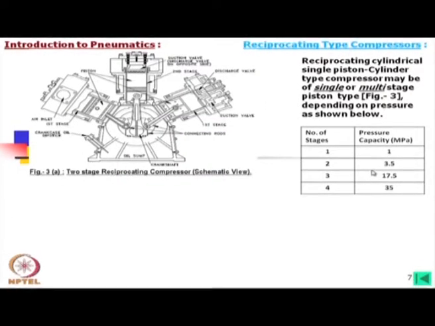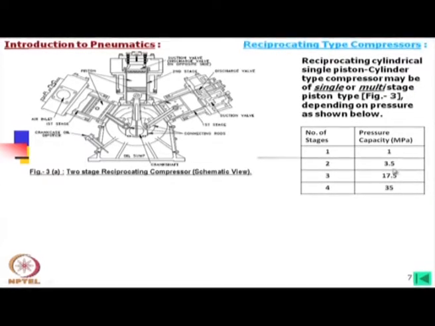Now, if I look into these figures, on the left hand side, figure A shows a reciprocating 2 stage compressor. But before that I would say that it depends on pressure capacity. If the pressure is 1 megapascal usually, in that case we can go for single stage.